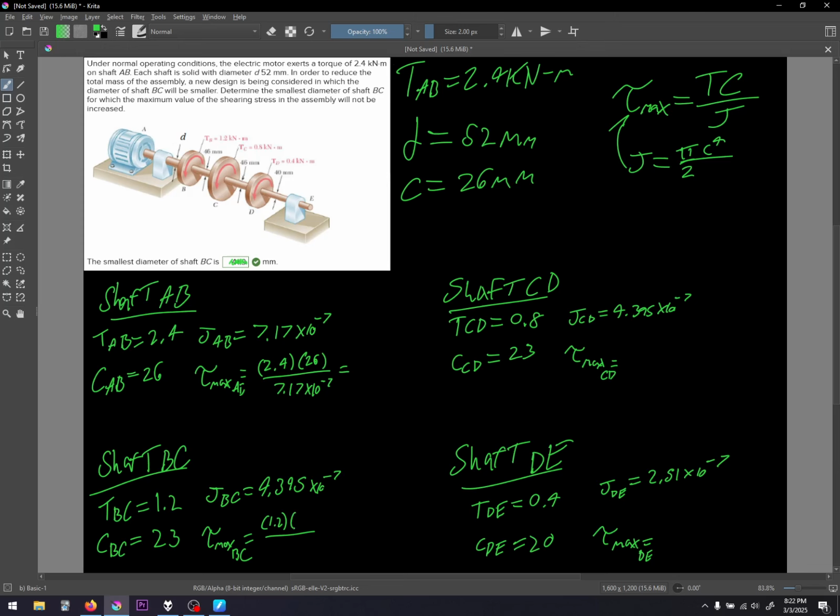Then 1.2, 23, and 4.395 times 10 to the negative 7 for both of these. Then 0.8, 23, then 2.51 times 10 to the negative 7, 0.4, 20. Okay, tau max.